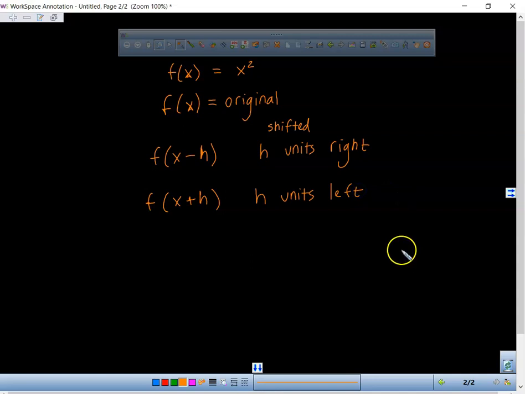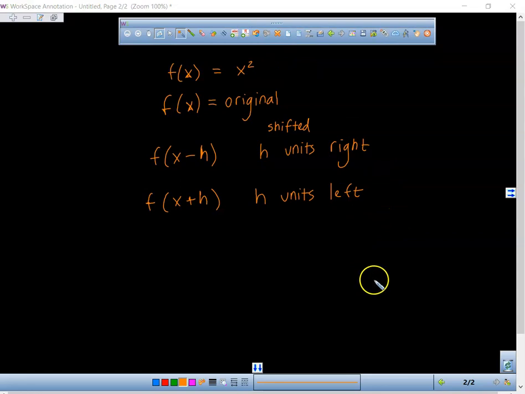Okay? So what we're going to do right now is show you how this applies with a quadratic. So x minus h is h units to the right, x plus h is h units left. This might be kind of confusing because you think, I thought positive would be to the right, and negative would be to the left. Let me show you what I'm talking about.